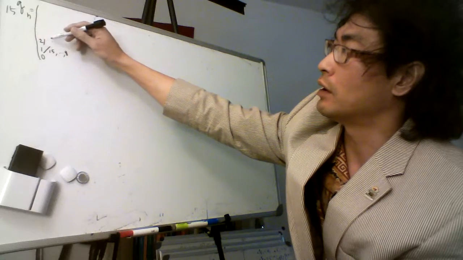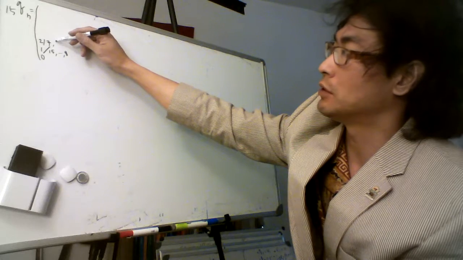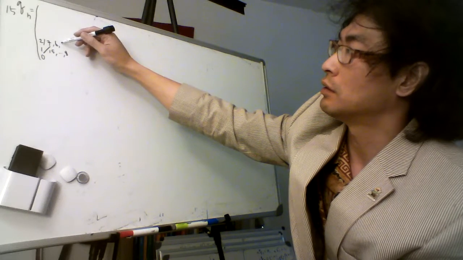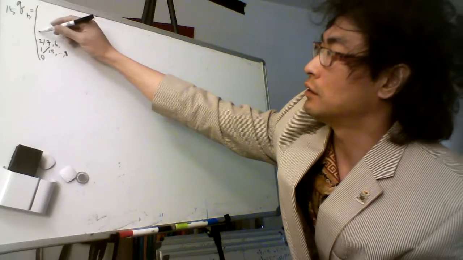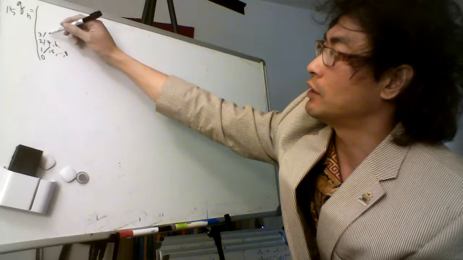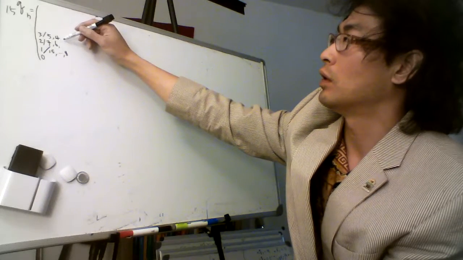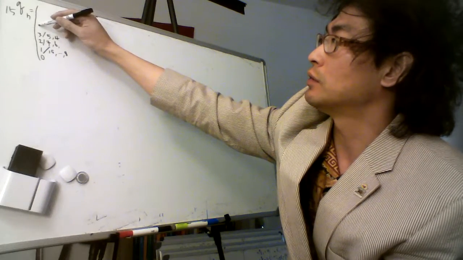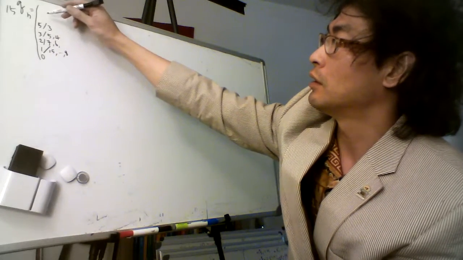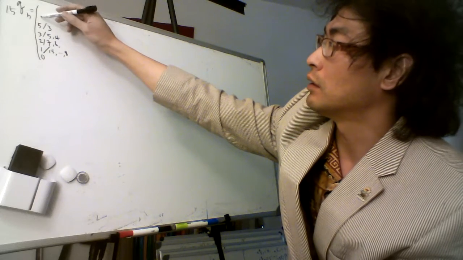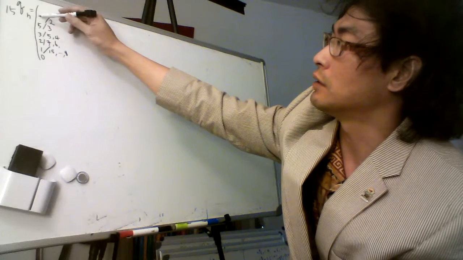And quotient is 2 when its divider is 7, 6, 5, no, not 5. Quotient is 3 when divided by 5. How about 4? How about 3? No. Quotient is 4, no. When divider is 3, quotient is 5. And when divider is 2, quotient is 7.